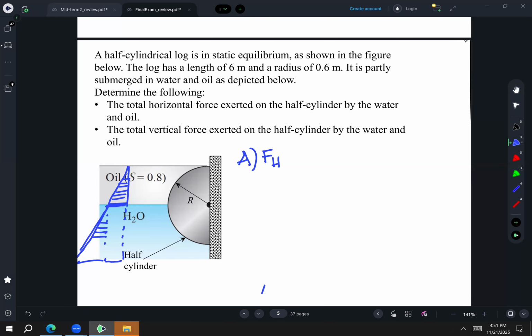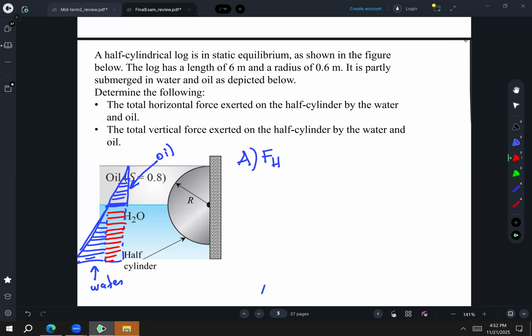This is the water, and this is the oil, and this is the pressure due to the oil. So the water is feeling that pressure on top of it, right?